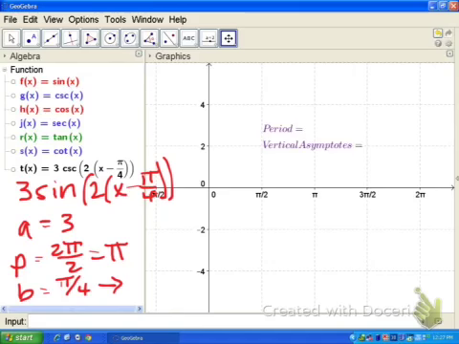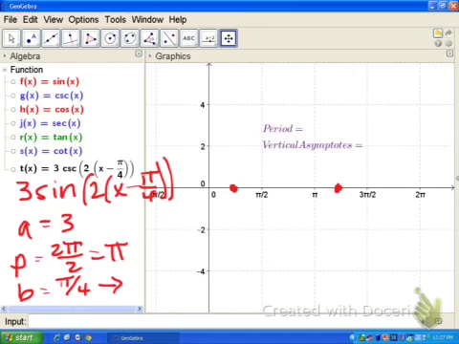It's a sine function, so it starts in the middle. And so I'm going to actually start pi over 4 units to the right, and so my first dot is going to occur there. And we also know that the period is pi units, so I'm going to have to end my graph here.